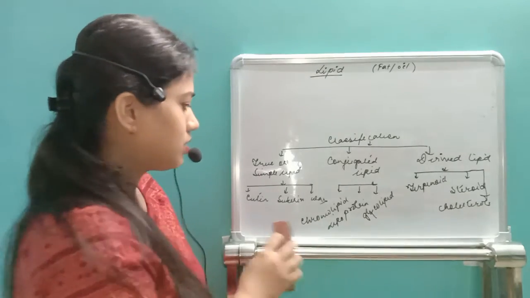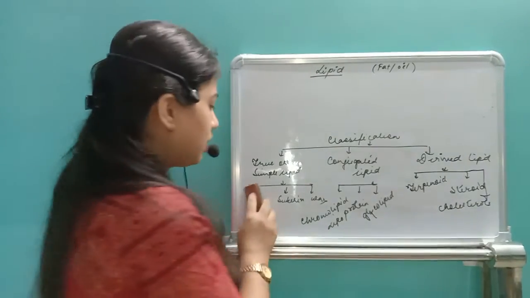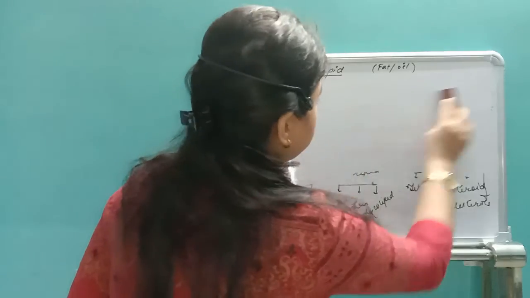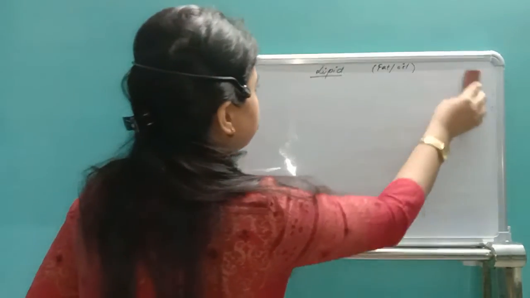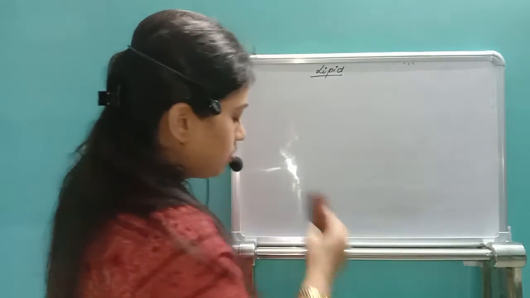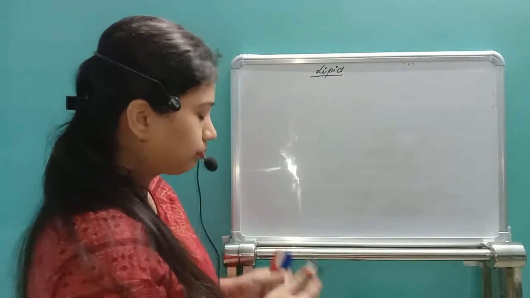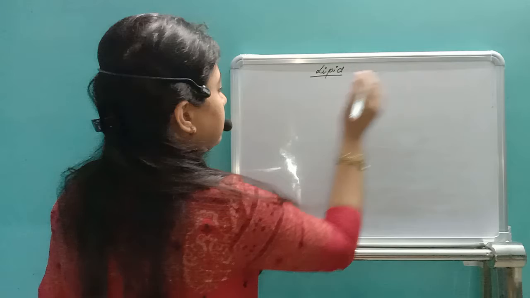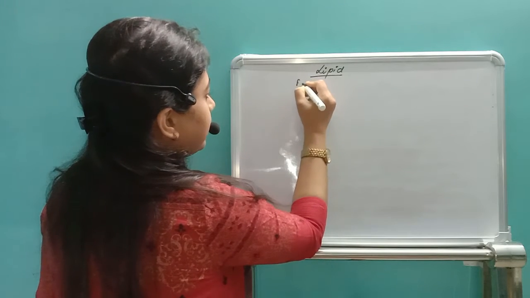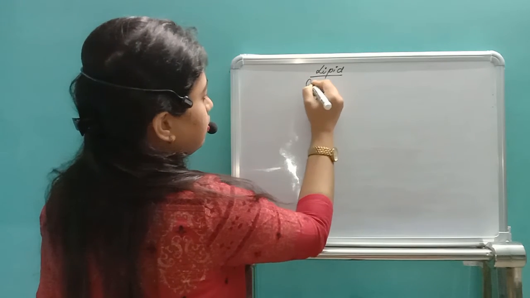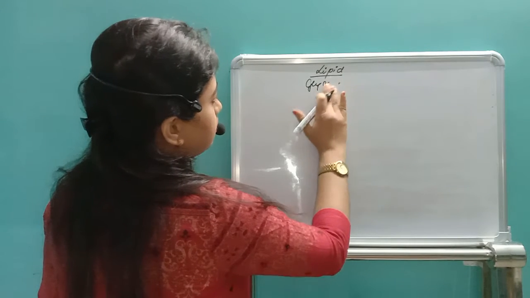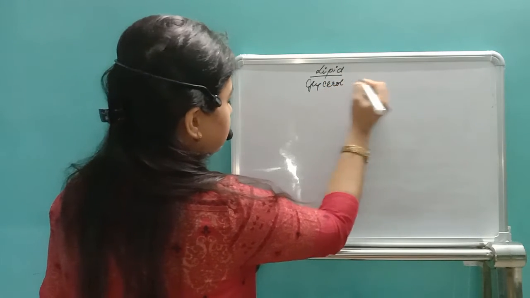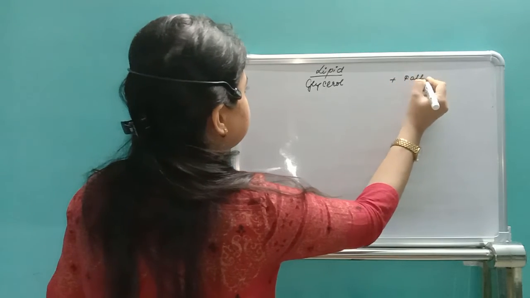Now after that, let's see how a normal lipid is formed. Suppose I need to tell you how the simple lipids are formed. The lipids are made up of fatty acid and glycerol. So it is going to have one alcohol, that is glycerol, and fatty acid.